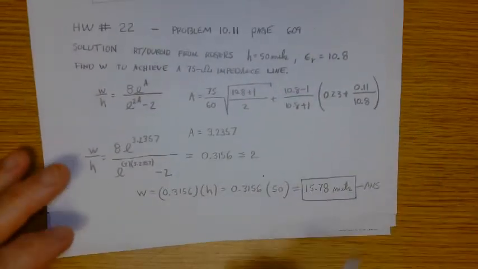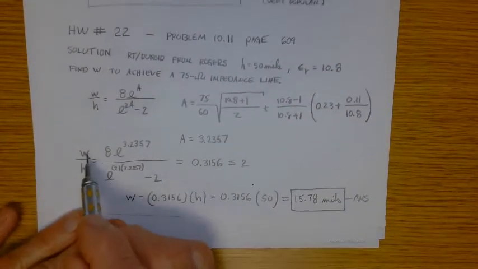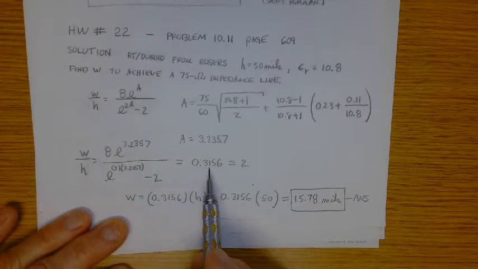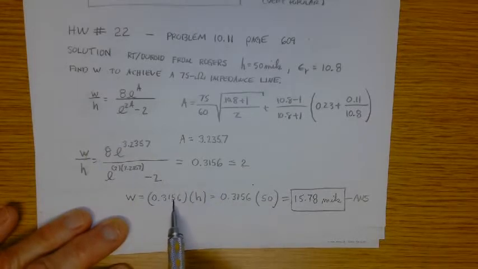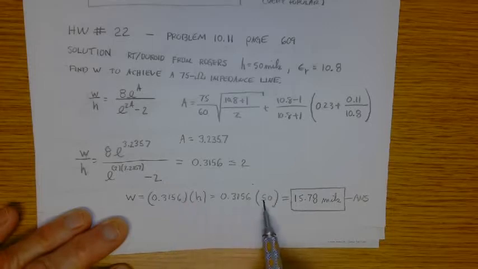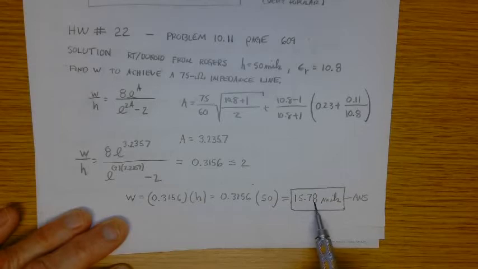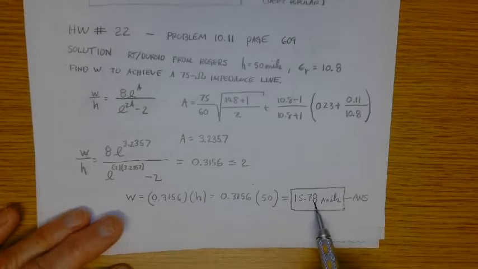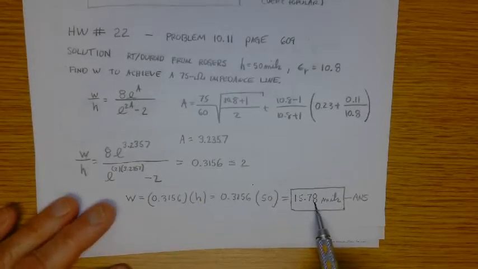So that gives us a width, the strip width, of 0.3156 times H. And he told us the material had a 50 mil thickness. So that means that the width of the strip needs to be 15.78 mils, or almost 16 mils.